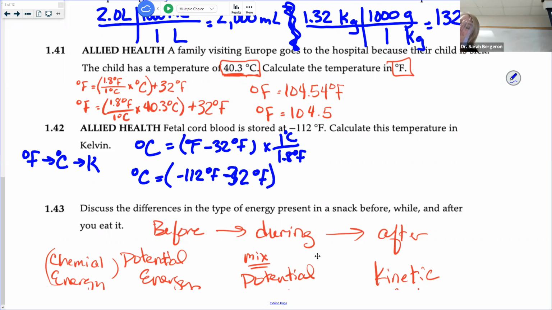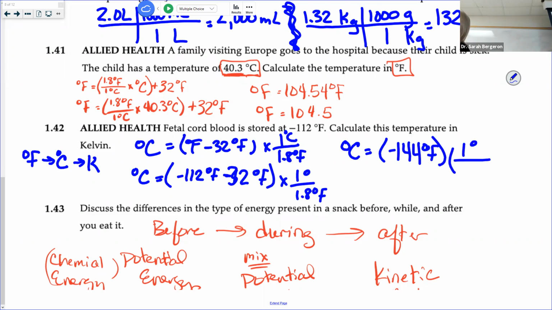What do we get? Just do the subtraction. Let's simplify. So negative 112 minus 32, negative 144, that's still degrees Fahrenheit, times 1 degree Celsius over 1.8 degrees Fahrenheit, right?